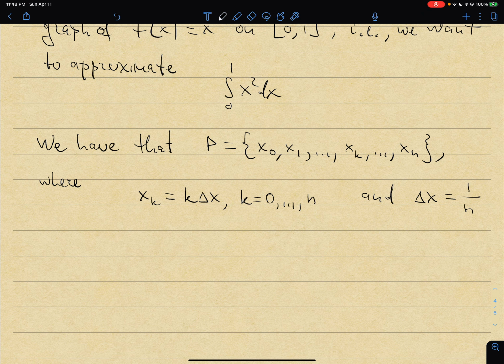Okay? So if k ranges from 0 to n, then we have our n plus 1 points.